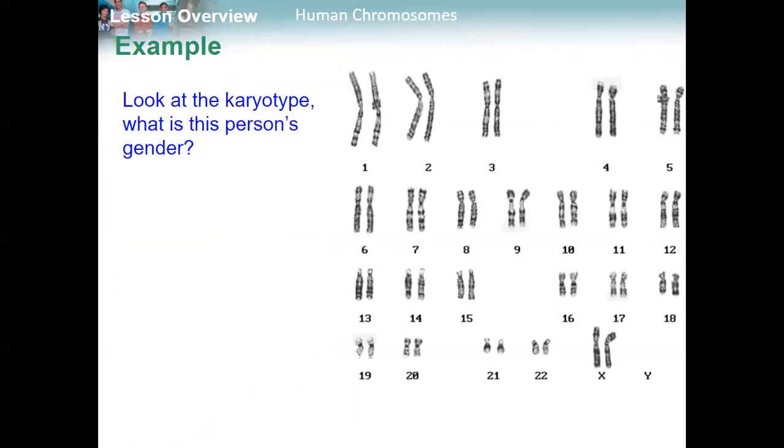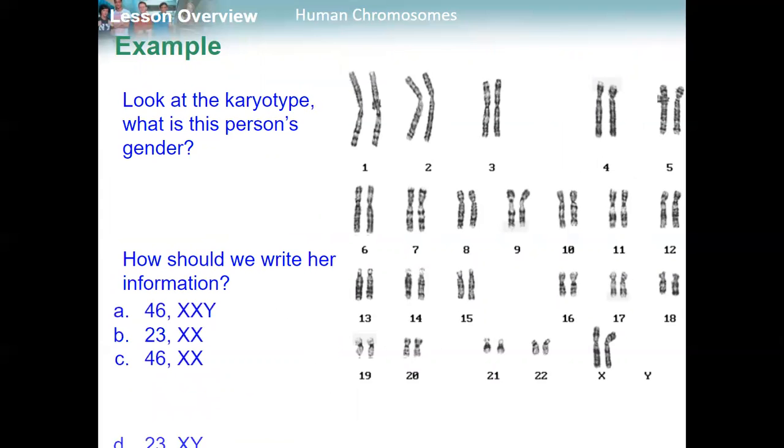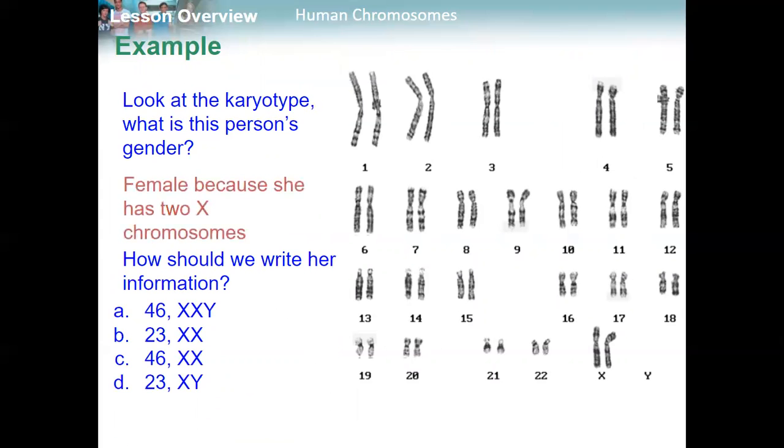So let's practice here. Look at the person's karyotype and what is the person's gender. Now, if you see, the person is going to be a female because they have two X chromosomes. They don't have a Y chromosome. Now, how should we write her information?